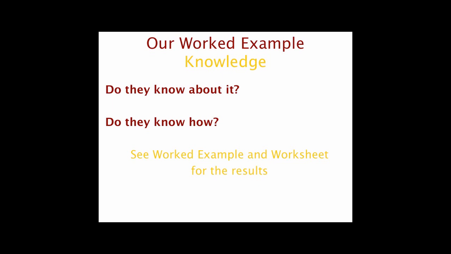In our worked example, we have to go back to our teachers and say, do they know how to teach 100% of the content with 100% effective pedagogy for each type of content? Do they know about the standards? Do they know about the content?